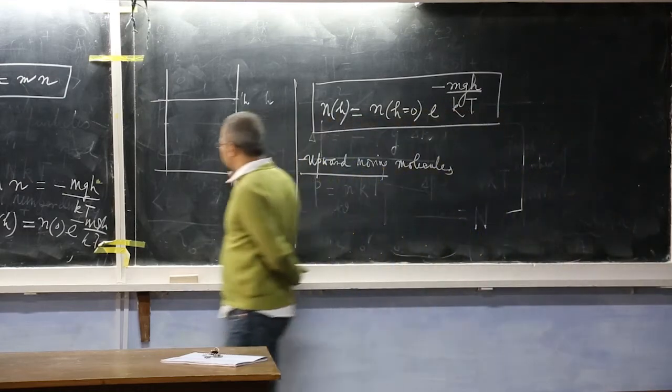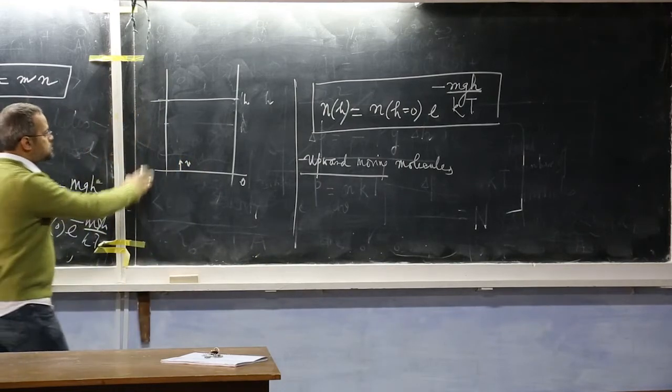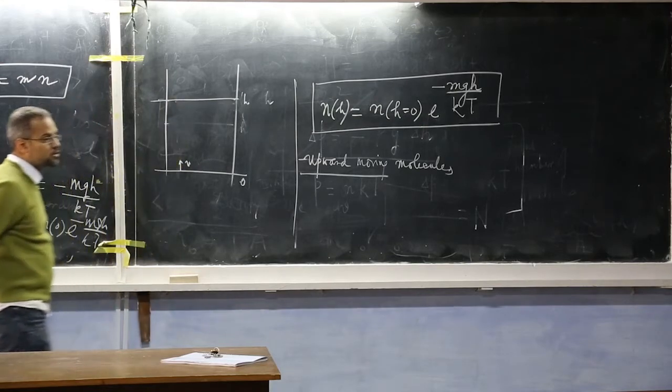Now, any molecule which has an upward velocity component v over here, do you think it is going to reach here? Clearly not, because it would not have sufficient energy to climb to that height, right.